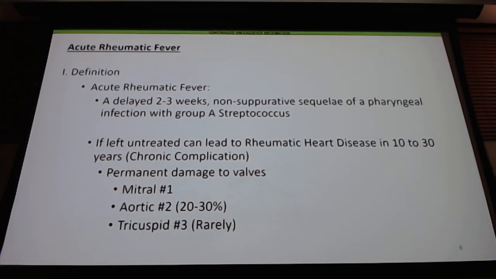When we talk about acute rheumatic fever, they have had a group A streptococcal infection, and then typically 2 to 3 weeks later they develop this syndrome, and it causes damage to the leaflets, particularly the mitral valve being the most common, with the aortic and tricuspid falling behind that.